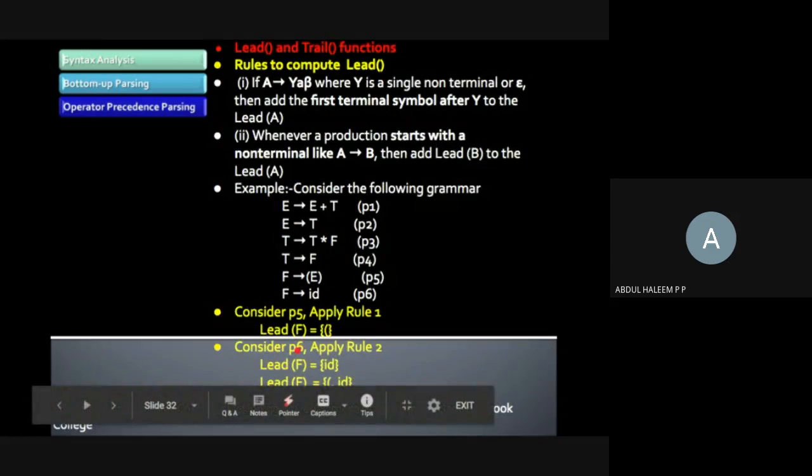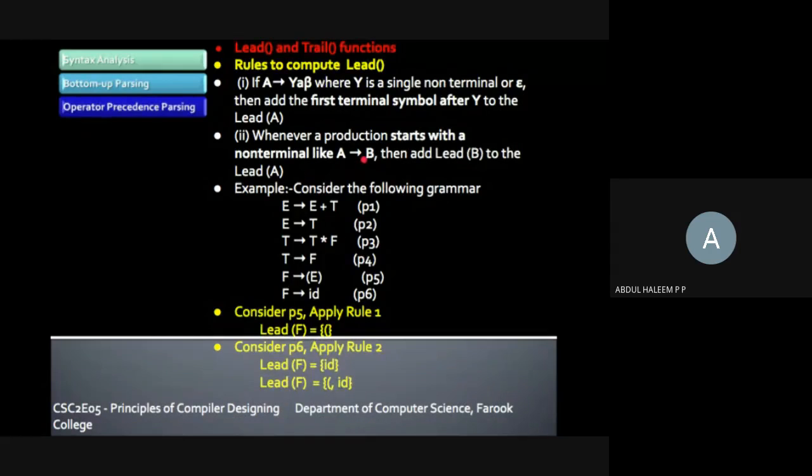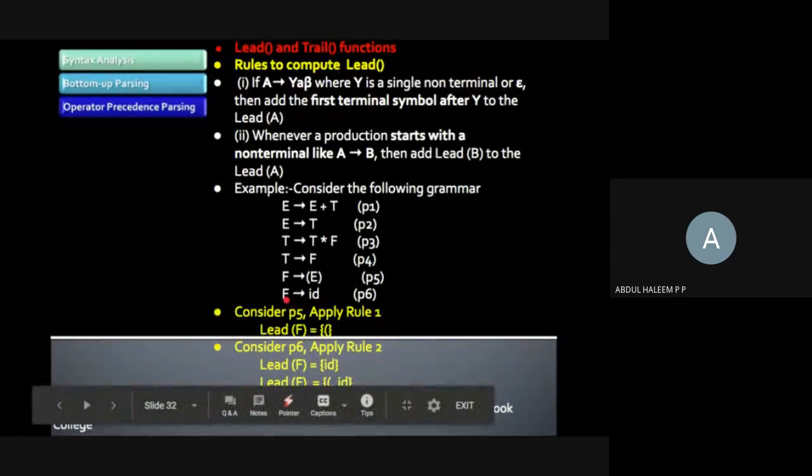Then let us take production P6. In production P6, we will apply rule number 2. There, it is like A derives B. So when we say this, we can say LEAD of F also contains ID, because LEAD of ID will become ID itself.